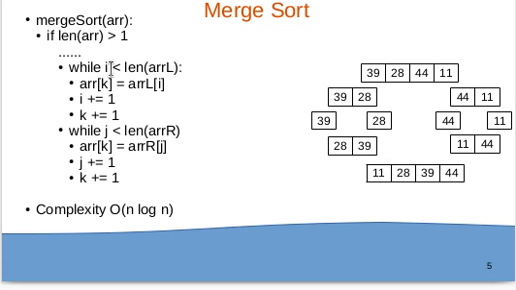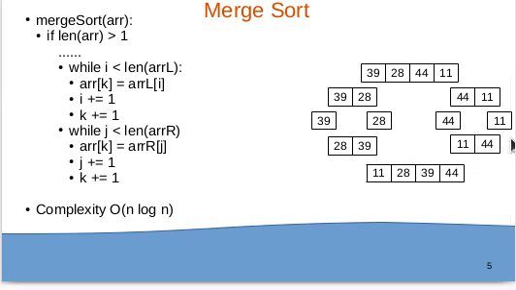If index of left is less than length of the array, so here we have completed this array, so i is not less than this, so this will not happen here, but this will happen as j is less than array length of array right. So j is here, so we have to increment the jth value, kth value, and we will put the right array's j index value in this position.